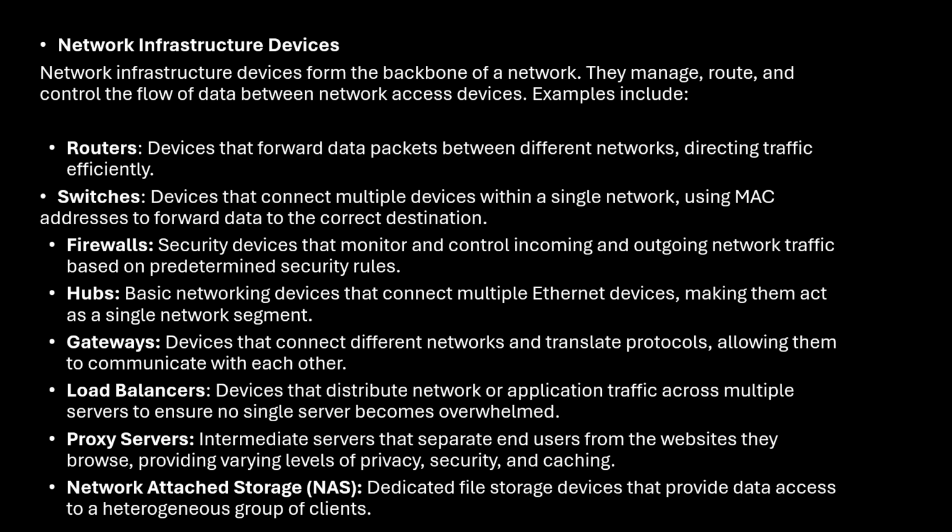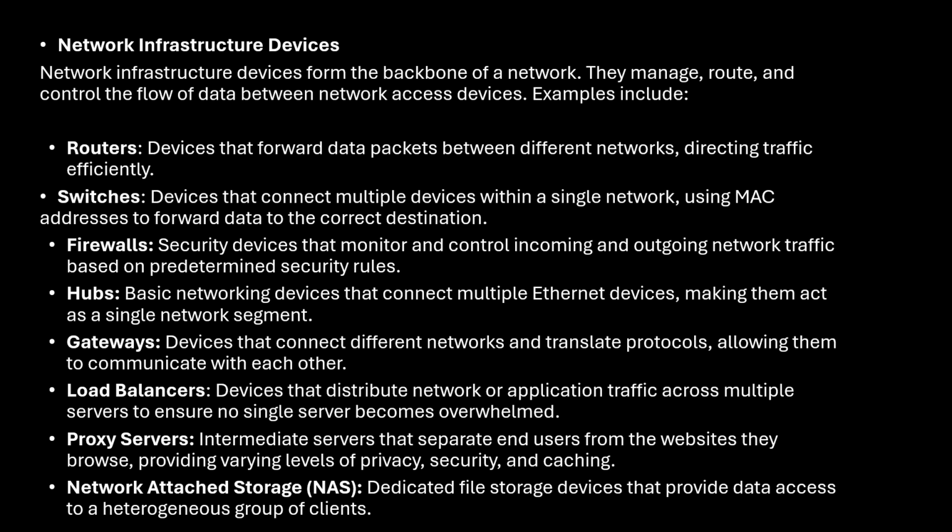The next device is switches. A switch is a device that connects devices to a network and forwards the data packets to an appropriate device based on their MAC addresses. The next device is firewalls. We must have heard about firewalls somewhere in terms of data security.